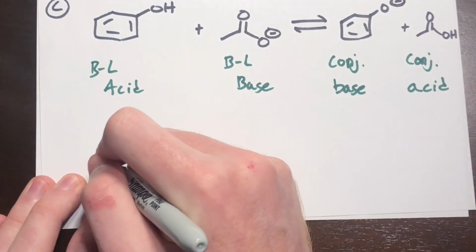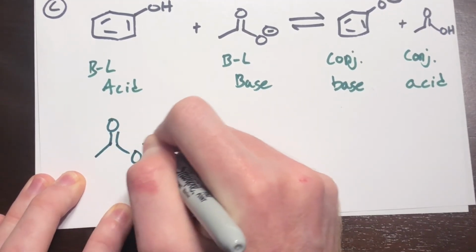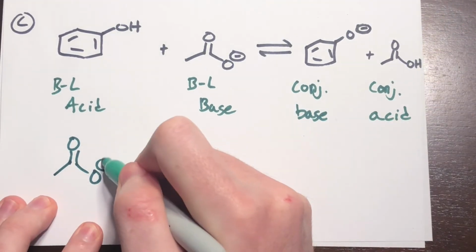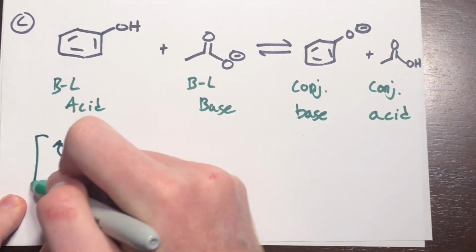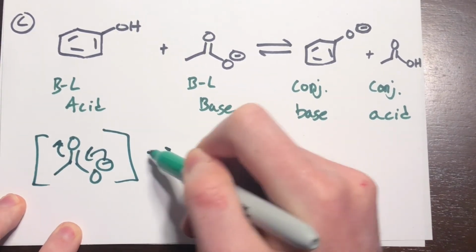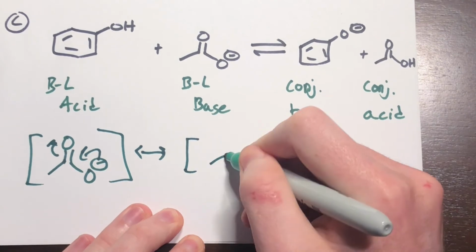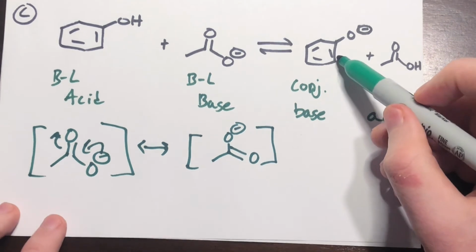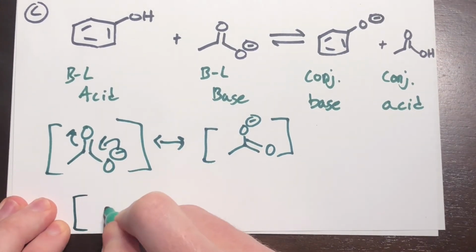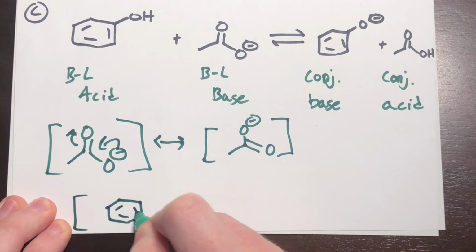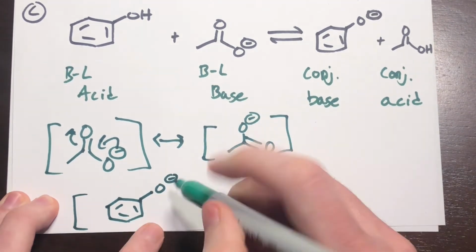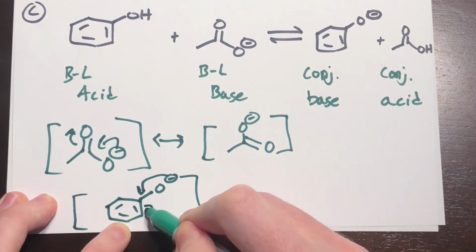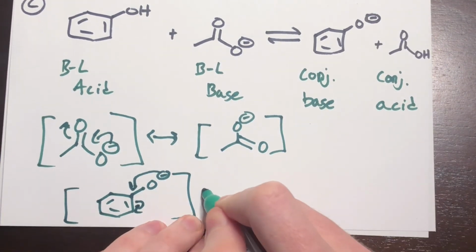So first, let's look at the acetate. This is the conjugate base of the acetic acid. So this has this resonance, which makes this. And this also has resonance, where this negative charge can go down here to form a double bond, and then one of these double bonds to the carbon can then hold the negative charge.